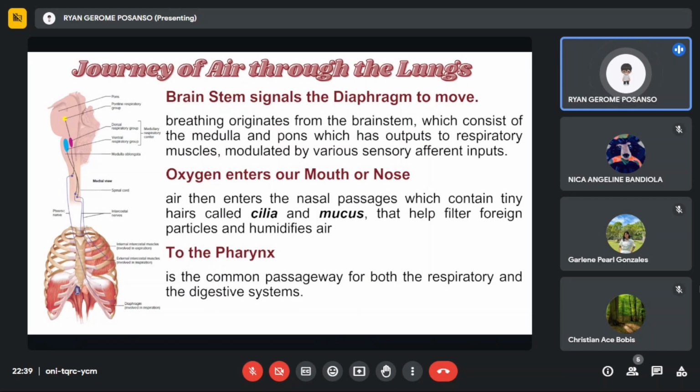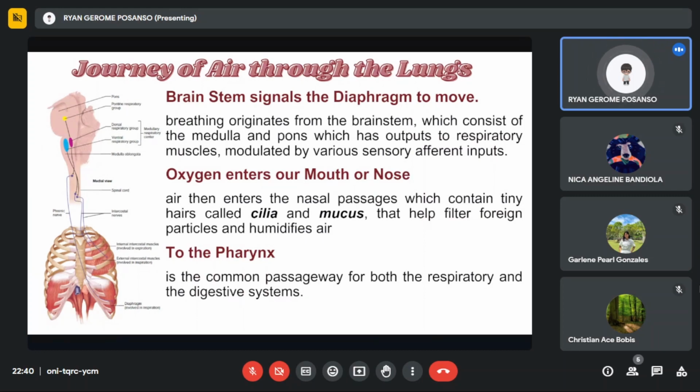The diaphragm is the muscle under our lungs which moves the lungs up and down, making us breathe.